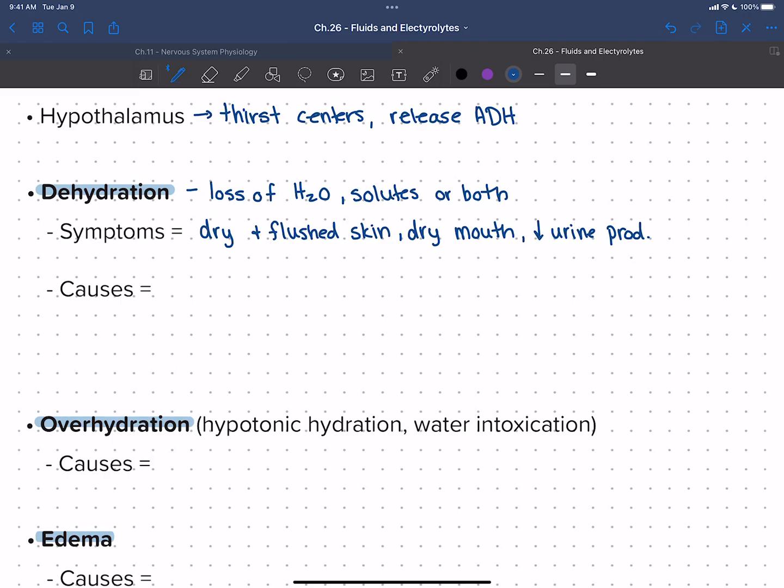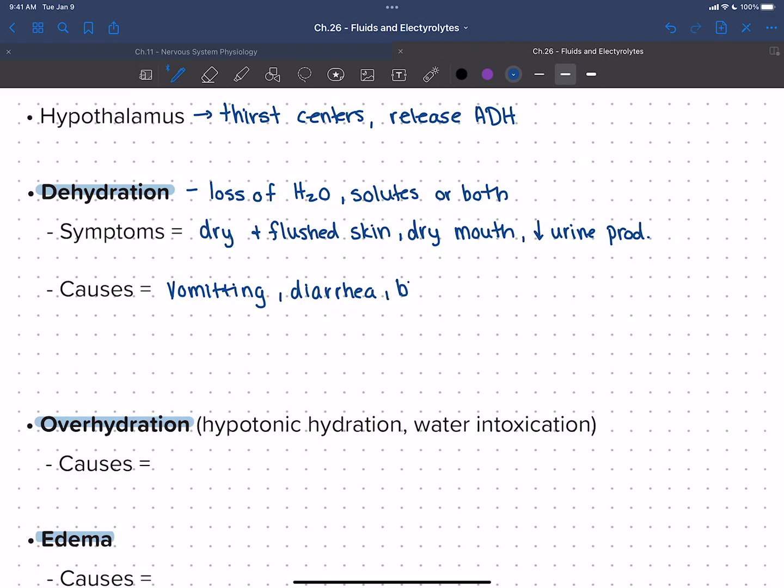So vomiting and diarrhea are definitely causes, especially if they are prolonged over a long period of time, right? So vomiting, diarrhea, right? We lose fluids in that way. Also hemorrhaging, blood loss, right? We are losing that plasma, which is an important extracellular fluid.